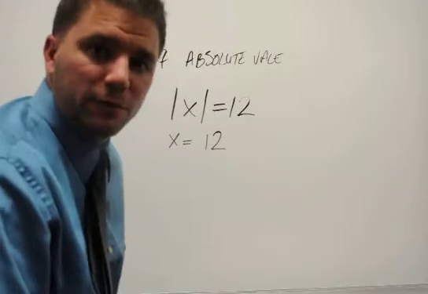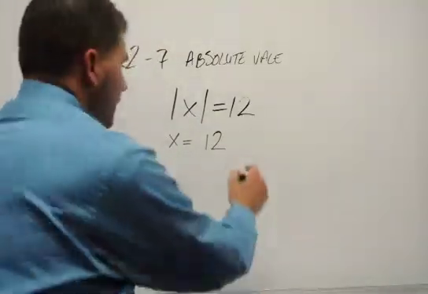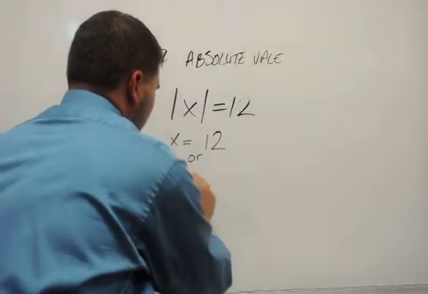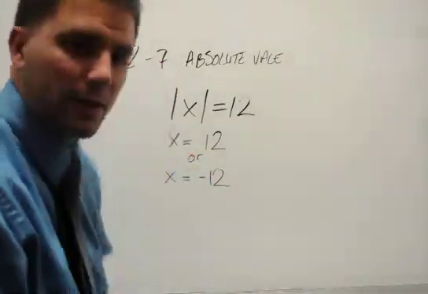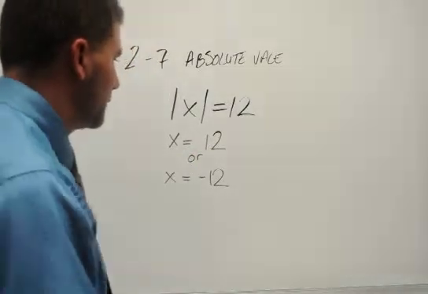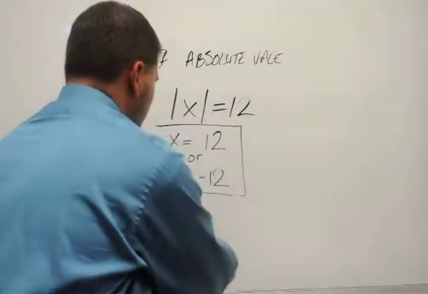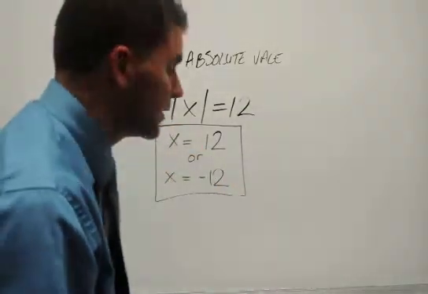We know that 12 equals 12 without even the absolute value sign there. However, we also know that -12, when it's inside the absolute value, becomes a positive number. So my answer for the absolute value of x equals 12 can be x equals 12 or x equals -12 in this problem.